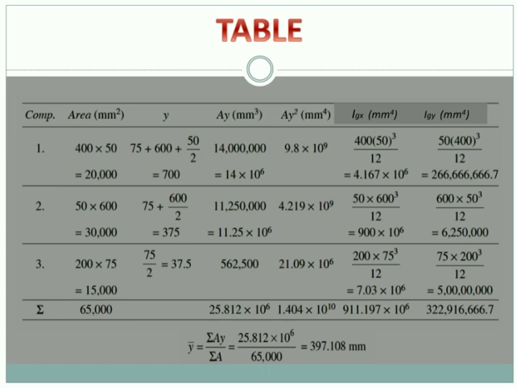So this is how we complete all the rows of the table. Then what all summations do we want? We want summation of area, summation of AY, summation of AY square, summation IGX, and summation IGY. In the previous video when I had given the table, you write that table in your notes and keep it, so matching goes easy.